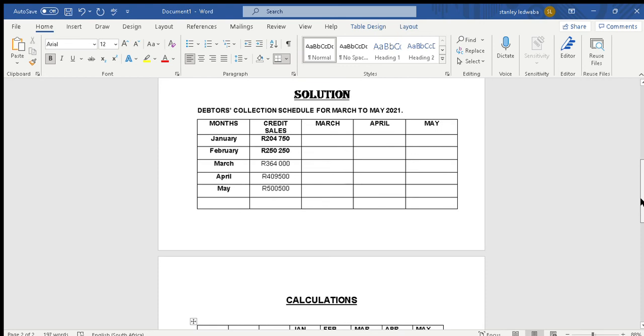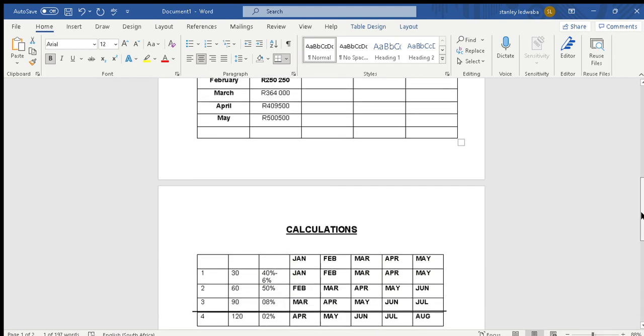Alright, but look at our debtors collection schedule. We have these 3 months, which are the ones that we are focusing on. Meaning we have January, right? We are going to check our collection pattern.